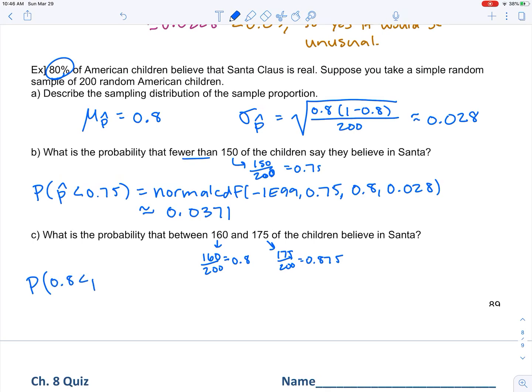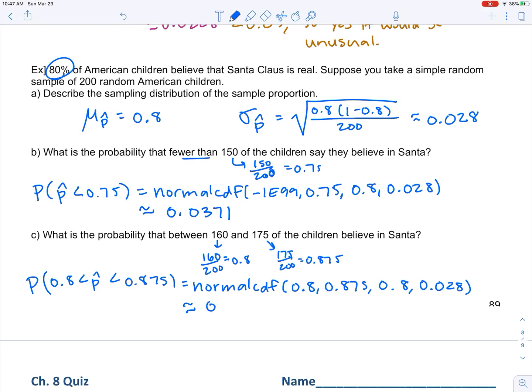So we're doing a normal CDF with the same parameters. We are just changing the bounds. The mean was 0.8, the standard deviation was 0.028. Normal CDF, lower bound 0.8, upper bound 0.875, mean 0.8, standard deviation 0.028. So we're getting about 0.028.